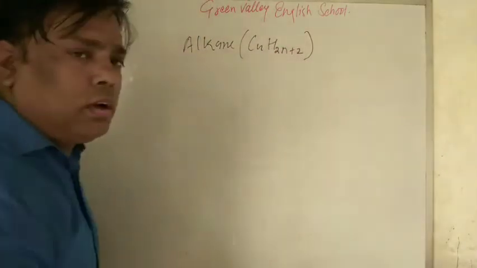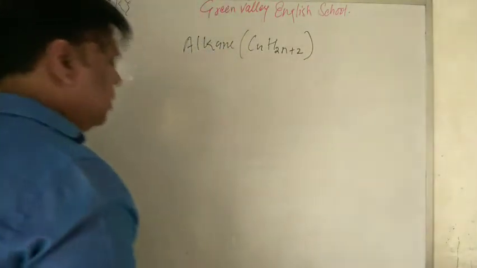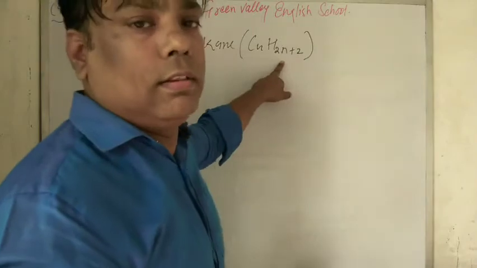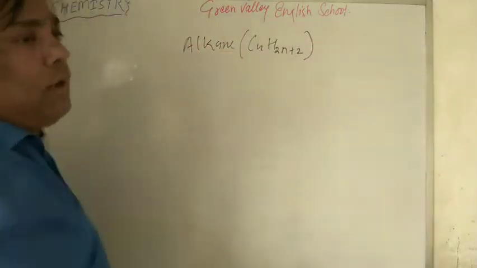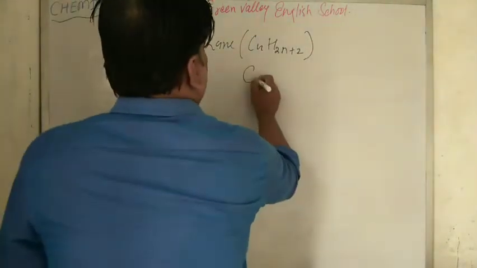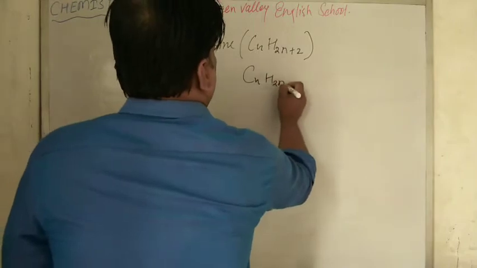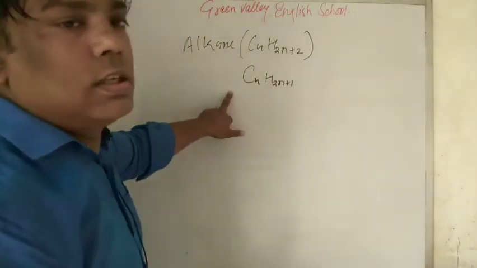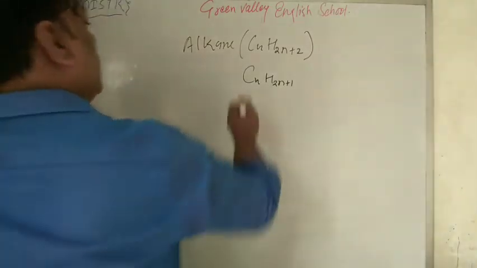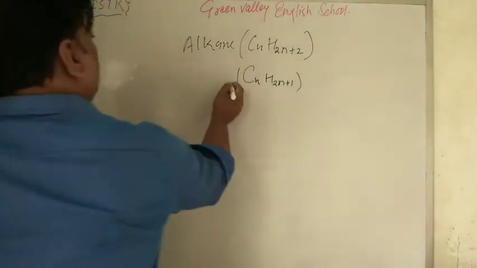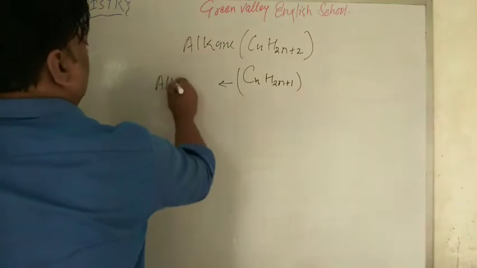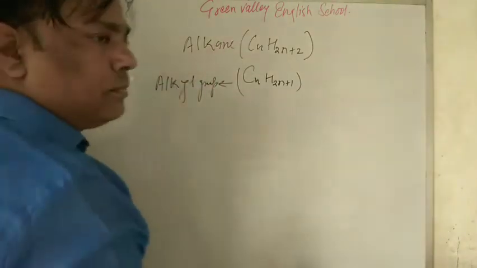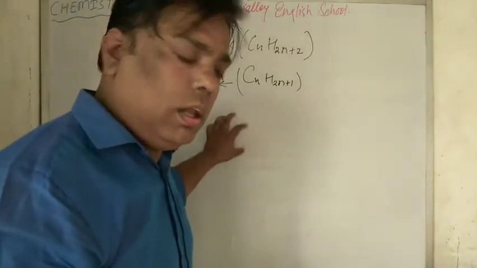If we remove one hydrogen from alkane, the formula becomes CnH2n plus 1, right? One hydrogen is removed. Now, the name of that group is called alkyl group. That group is called alkyl group.